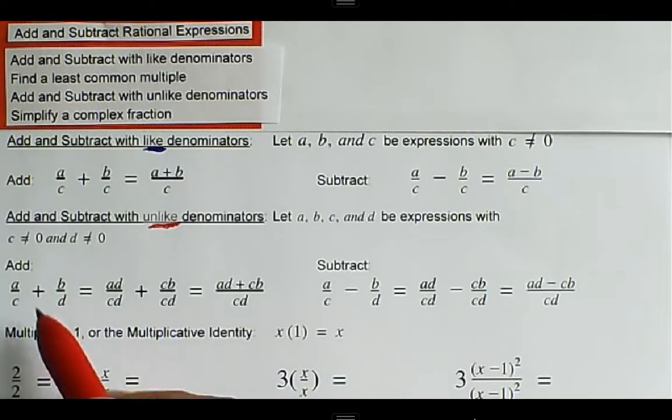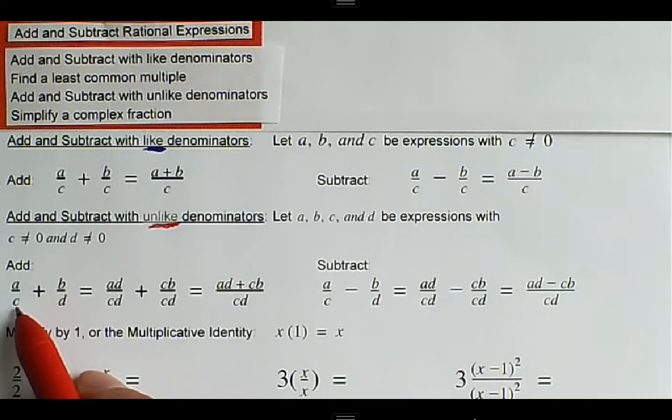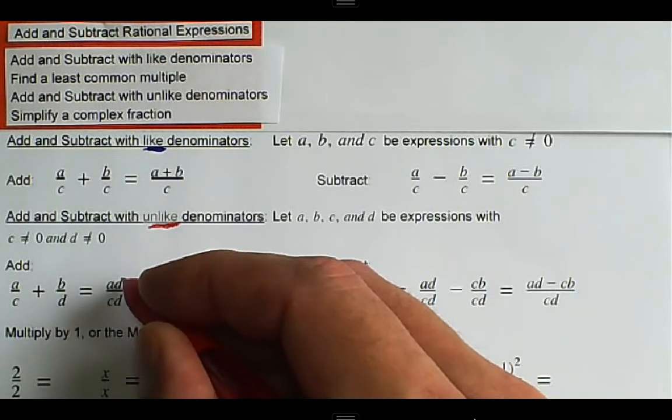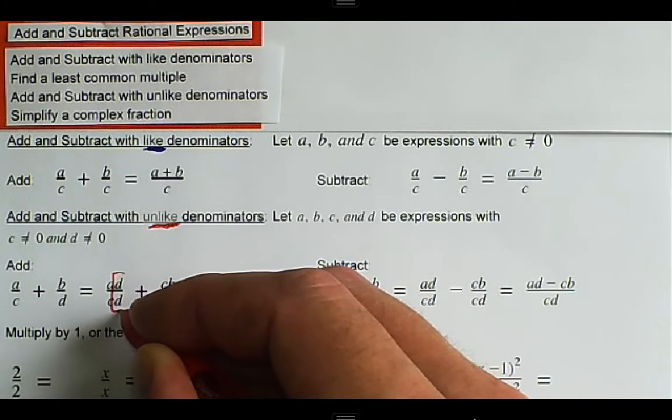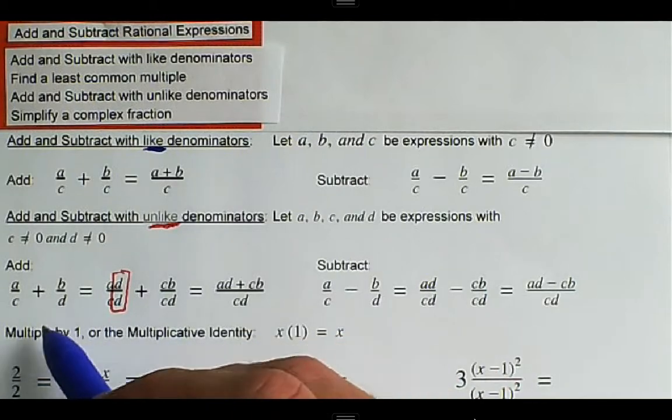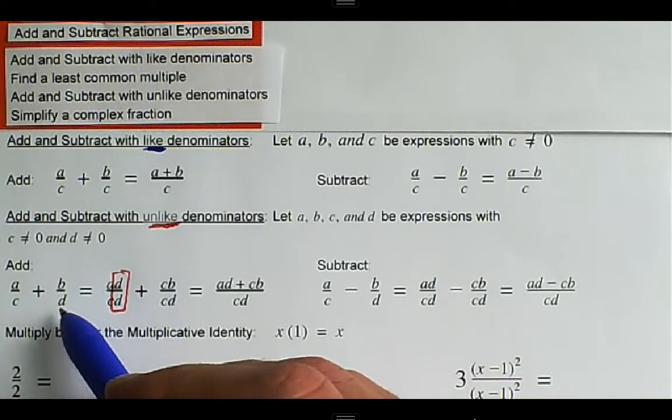So what's missing from A divided by C in order to add it? Well, we need to have the D value. So on the left side, we're going to add the D variable, so we multiply by D divided by D. On the right side, what's missing? Over here, we're missing the C value.